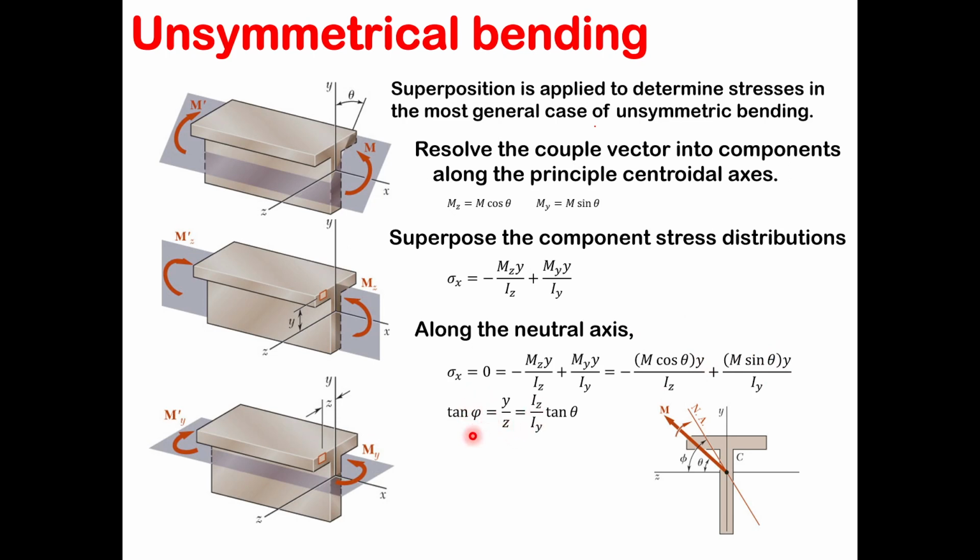You should be able to find the angle that the neutral axis makes with your plane of symmetry, wherever that is, as a function of the moment of inertia in the two directions, because we have two moments, right? And the tangent of that theta.